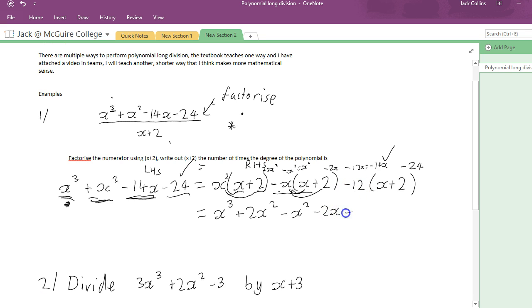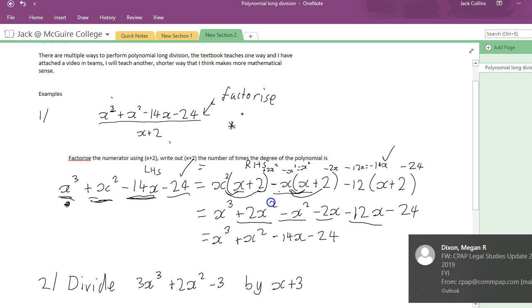Then the last bracket gave us minus 12x minus 24. Collecting like terms, you have x cubed plus x squared minus 14x minus 24, and we can see that's what we end up with. You don't need to expand back out. That's a good way to check, but you don't have to do that every time.